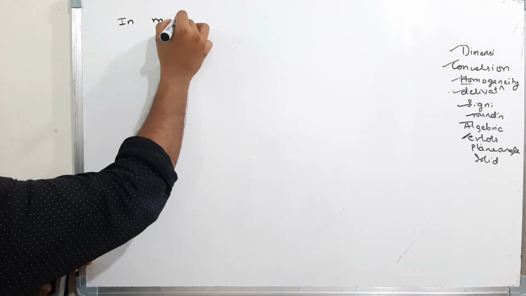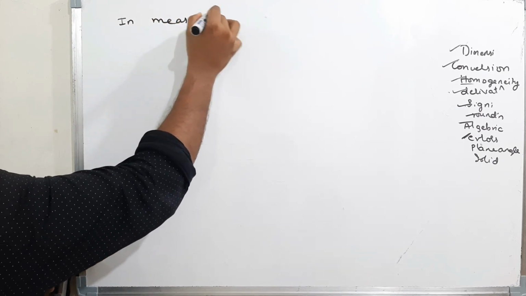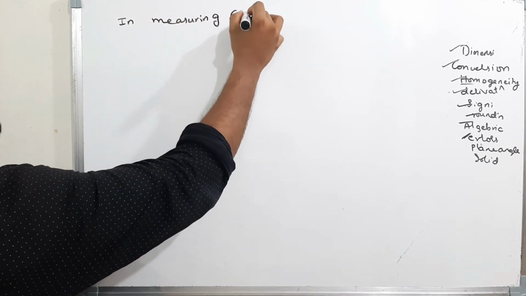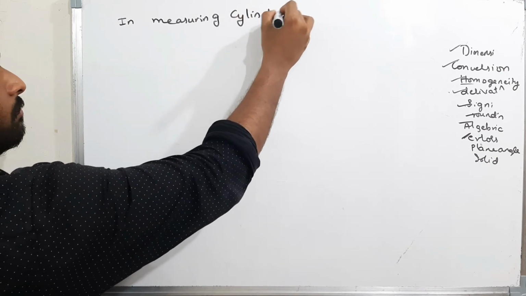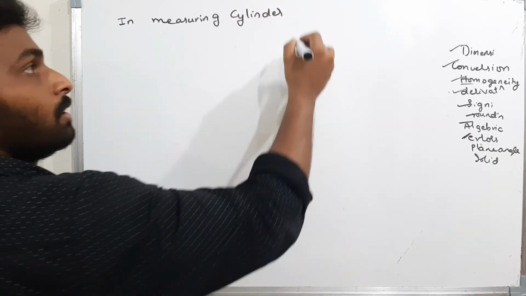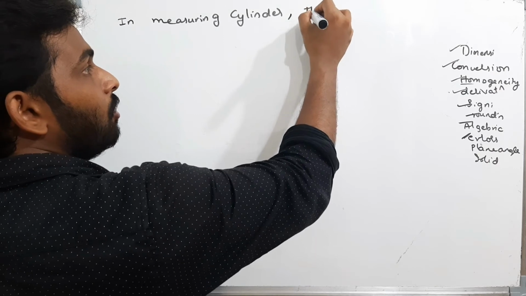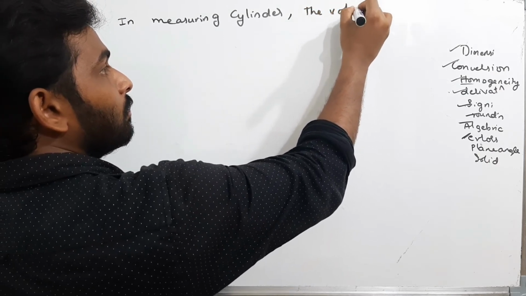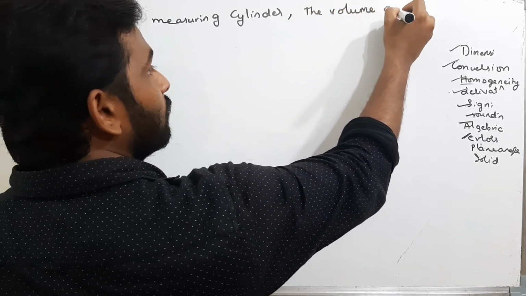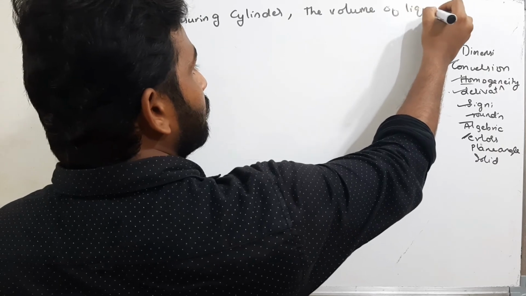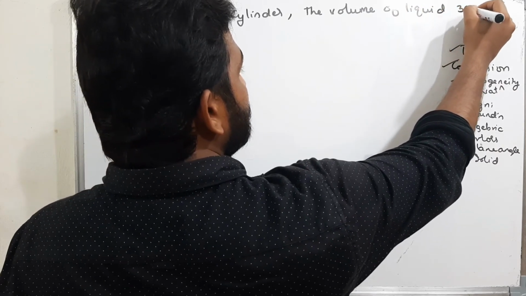In a measuring cylinder, the volume of the liquid is 3 centimeter cube.